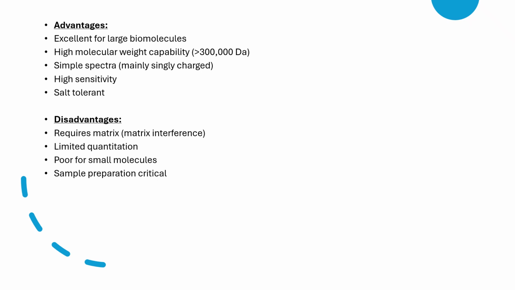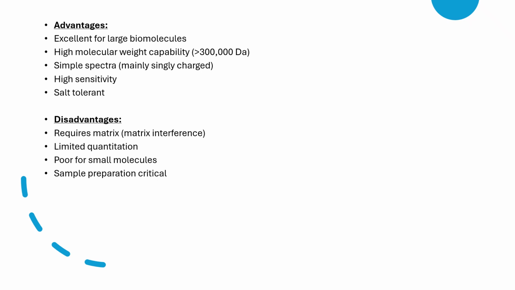MALDI can handle enormous molecules. We are talking about 300,000 Daltons. It's the technique of choice for intact protein analysis, polymer characterization, and oligonucleotides. It's also become huge in imaging mass spectrometry, where you can map the distribution of molecules across a tissue section.